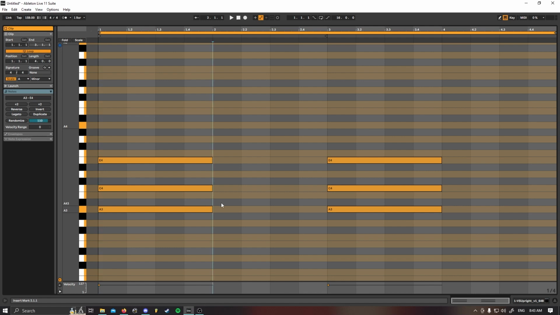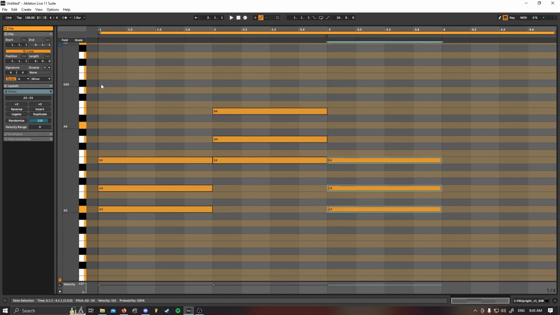So in our home key of A minor, our 1 chord is going to be the A, and then we have the 2 chord, the 3 chord, the 4 chord, and the 5 chord. Now our 5 chord naturally, for whatever reason, wants to resolve back down to the A.